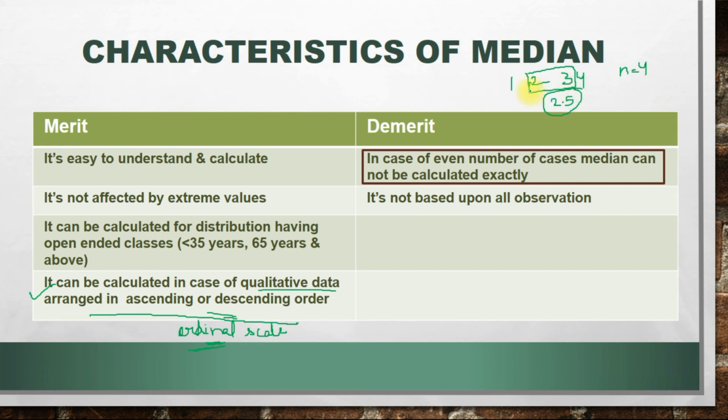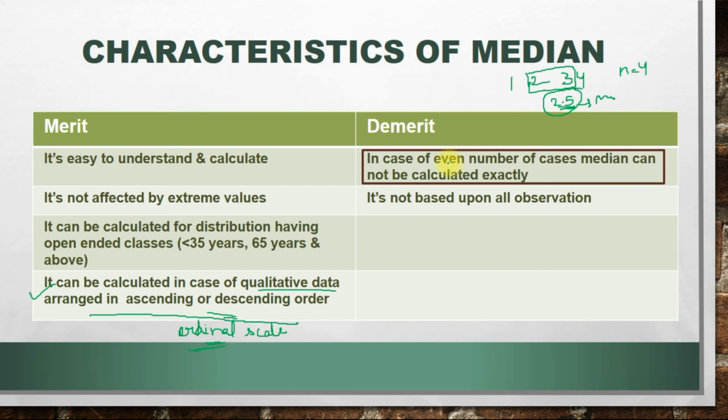Now in our data of 1, 2, 3 and 4, there is no data point as 2.5, but this is the median. So this is its demerit. In case of even number of cases, median cannot be calculated exactly. In this case, the median is a number which doesn't exist in the data.